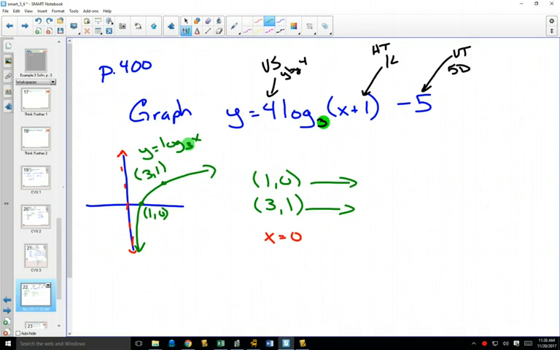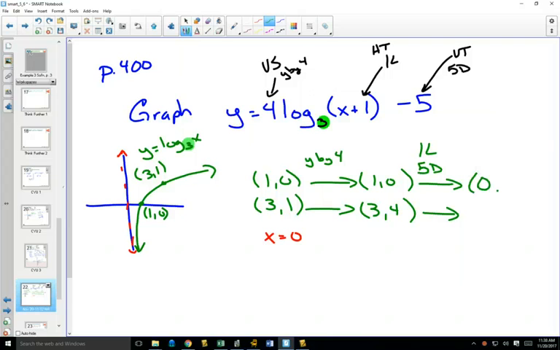Move from left to right. Do all your stretches and compressions first. You only have the 1, which is y by 4. So we still have 1, 0, and now we have 3, 4. And then we do our translations, which we have 2. We're going to go 1 to the left and 5 down.